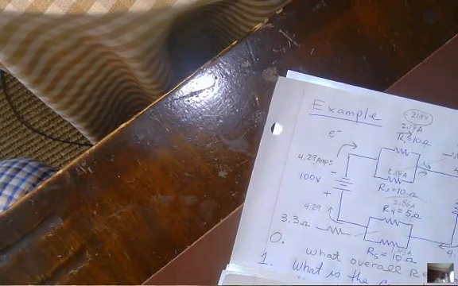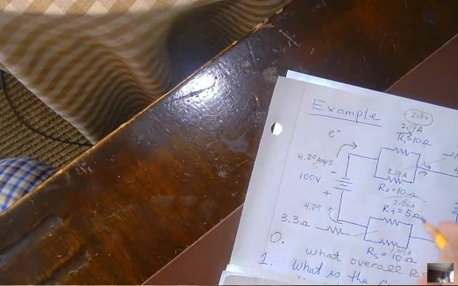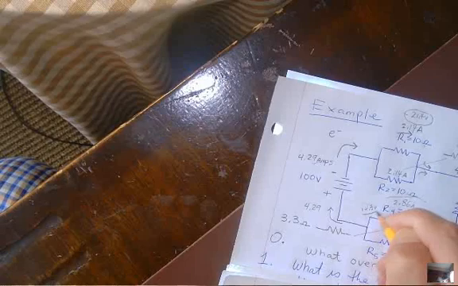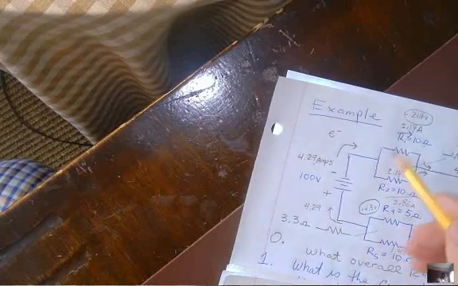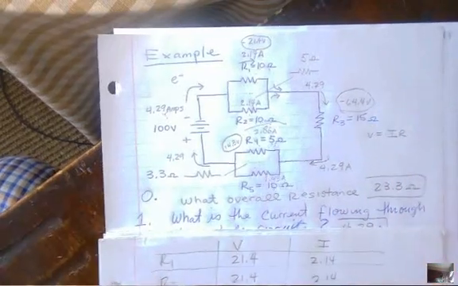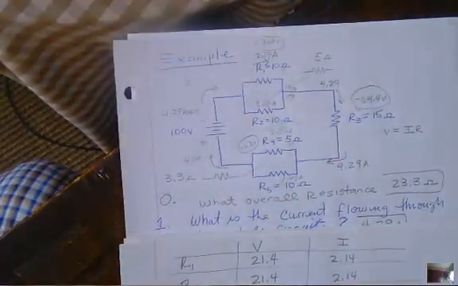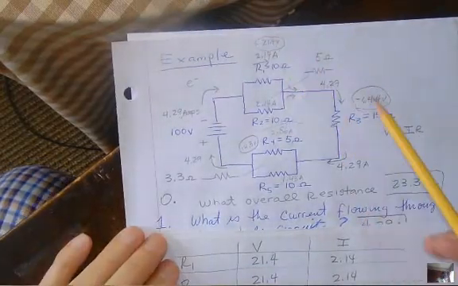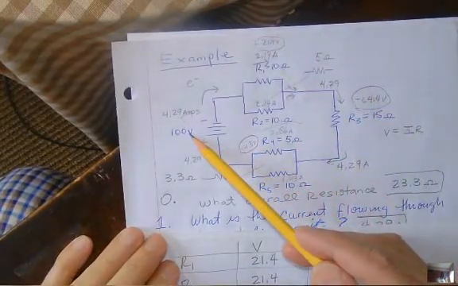If I go this way, how much do I drop across number 4? 14.3. So I'm circling all the voltages. So path 1, that guy, that guy, and that guy add up to 100.